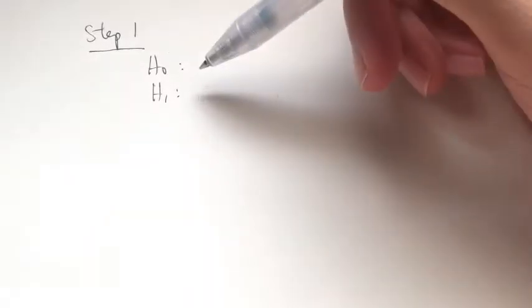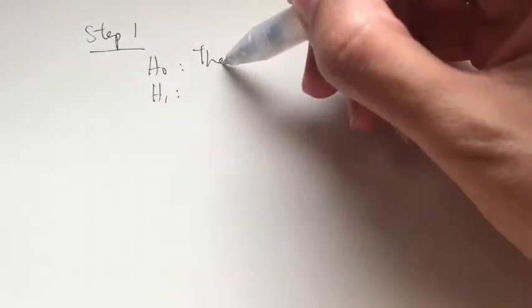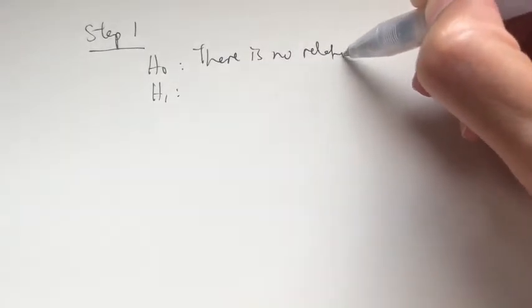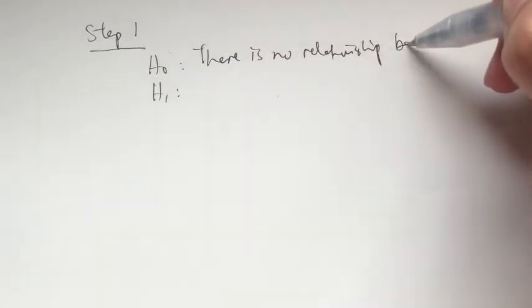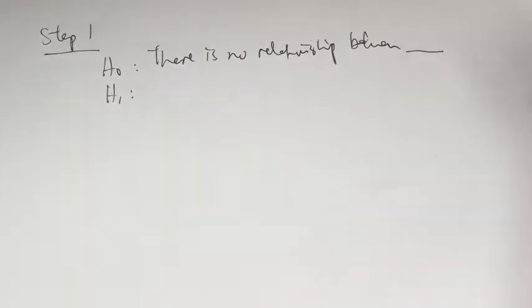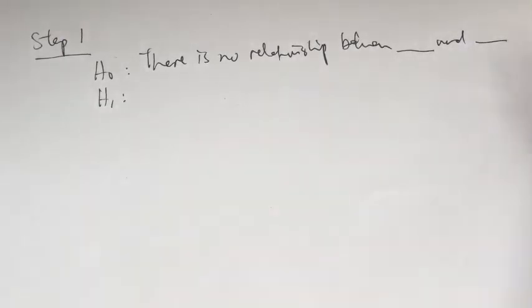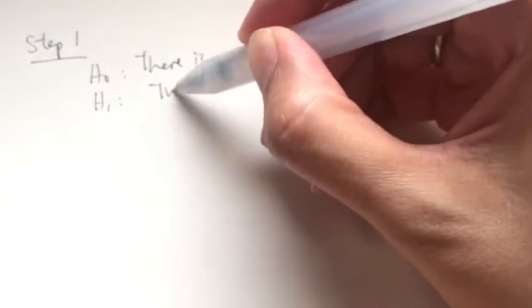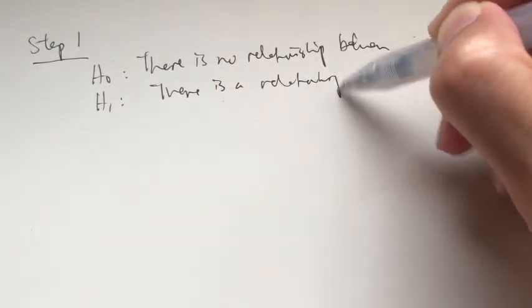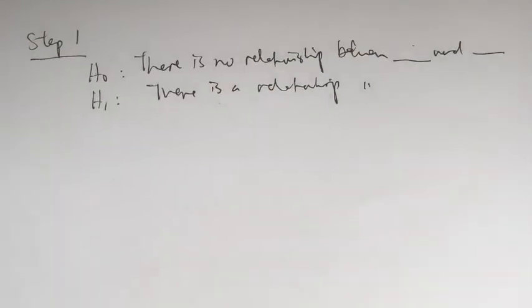In the null hypothesis, we're assuming that there is no relationship between one variable and another qualitative variable. So for you guys, please specify what are those variables. And the alternate is there is a relationship between these two qualitative variables.